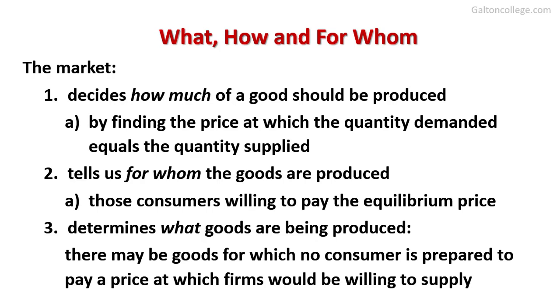So then the producer loses. So the producer must set the price where the producer can make a profit. Perhaps it's going to make very little profit, but it'll make a profit. It must be compensated for producing the good. So the market tells us how much to produce, for whom, and what should be produced.